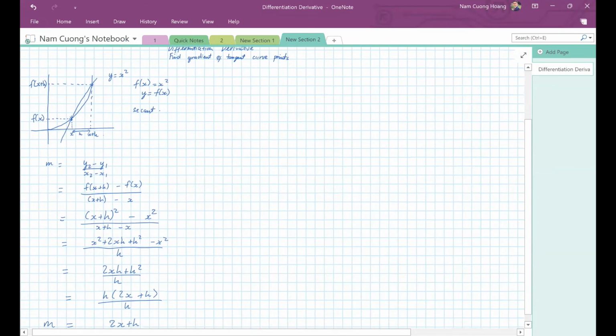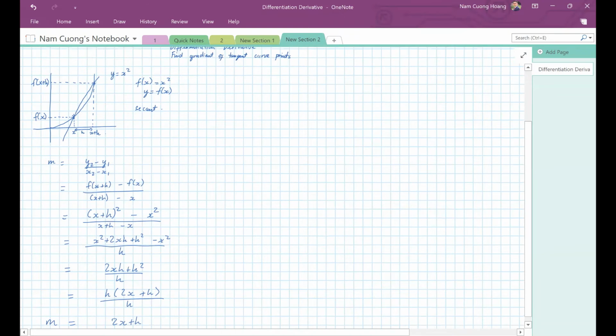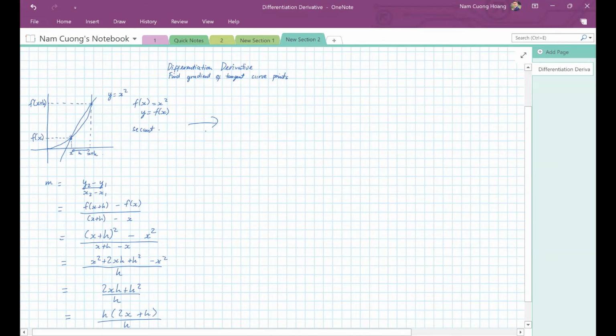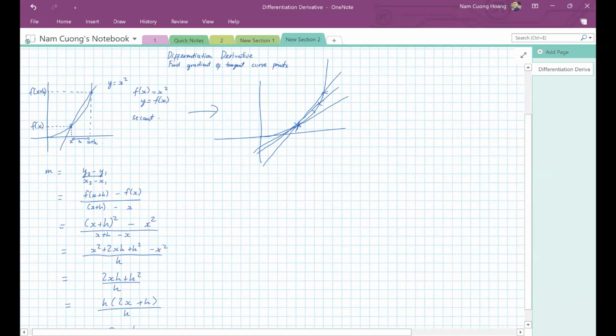Alright, but we can agree that this is not a tangent. We want a tangent. Alright, so what we can do is make this secant become more and more like a tangent. So at first it was this point, now it is this point, and then if you keep going, you reach a point where you will have the next point very close to the left point.